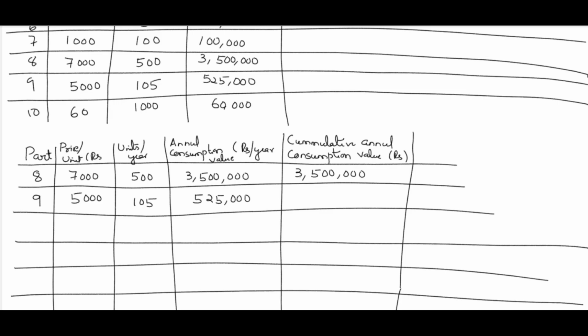The cumulative sum in this one, you can see, is the first 8 sum plus the 9 sum in total. You can see the direction. So if you do it, you will get this amount: 3,50,000 plus 5,25,000. I'll show the direction in which you can add.